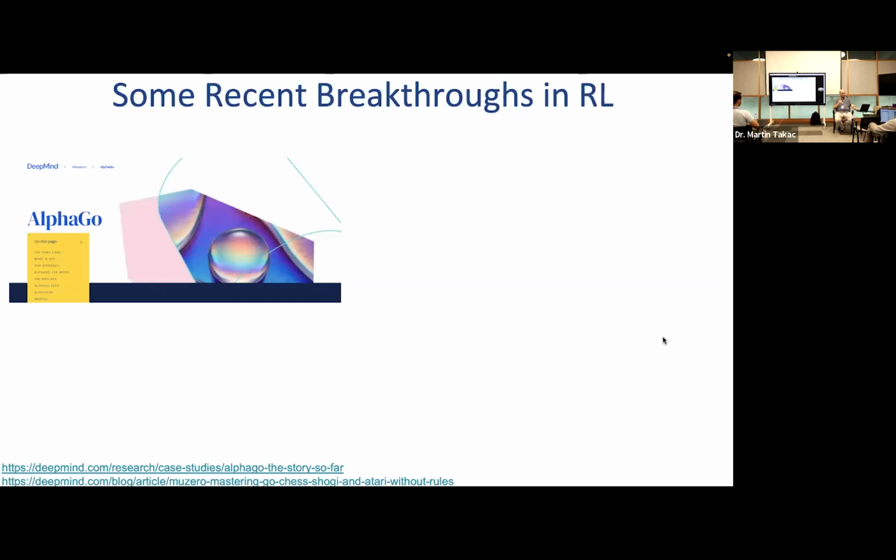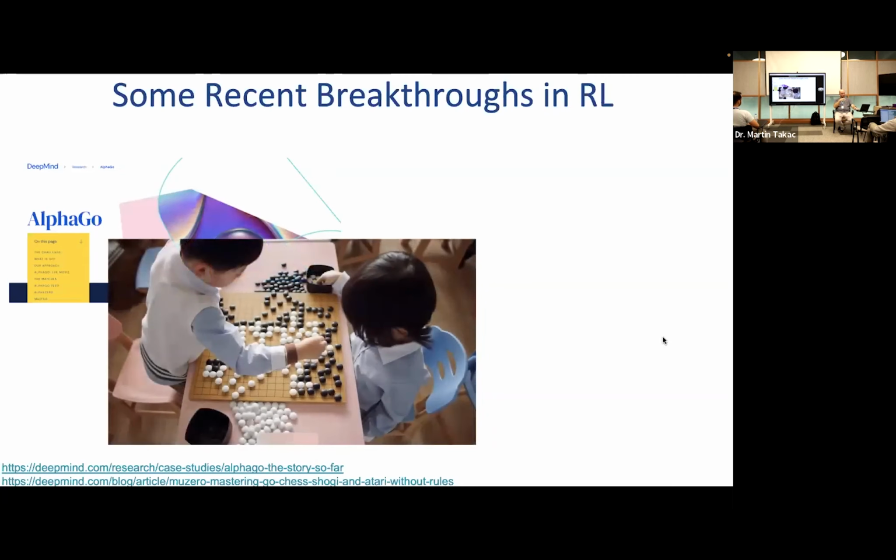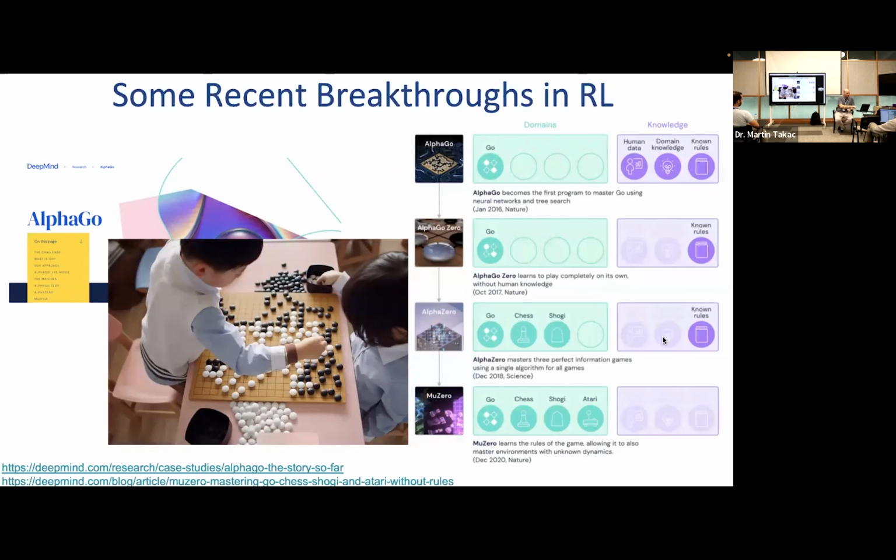Maybe you heard about AlphaGo, where the AI managed to beat the world champion of the game Go. And you can see the progress from 2016. To train this RL, you needed to use some human knowledge and all those rules and so on. In just 4 years, there is MuZero, which can beat the game of chess and all those games without any human knowledge, which is pretty impressive, right?